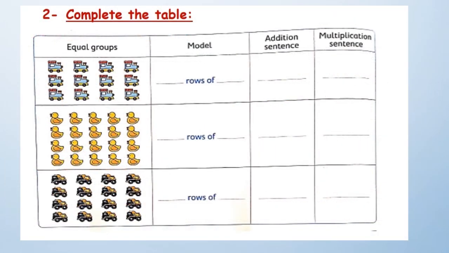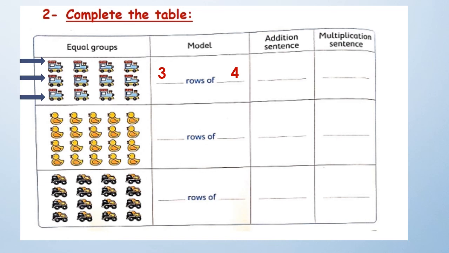Complete the table. The first array has how many rows? Yes, let's count. 1, 2, 3. I have 3 rows, and each row contains 4 items. Then the array can be written as 3 rows of 4.